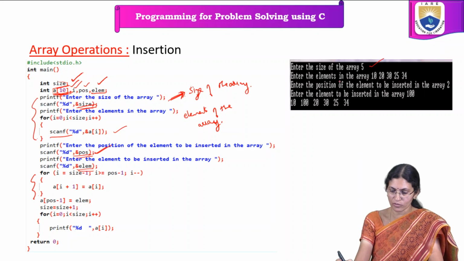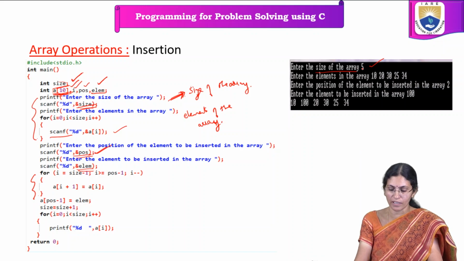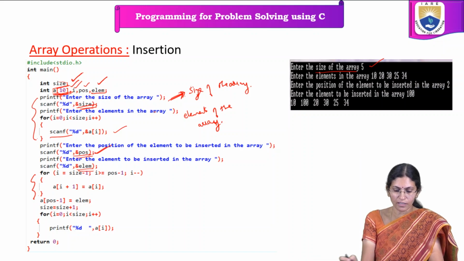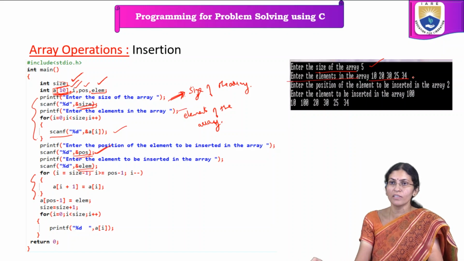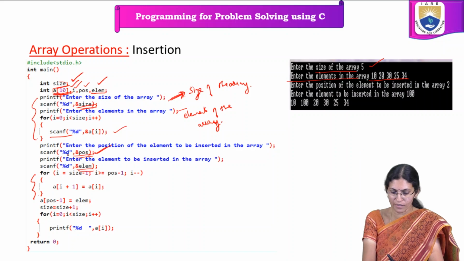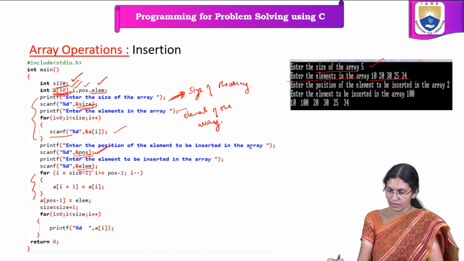Next, printf, enter the elements of the array. Suppose these are the values entered into the array: 10, 20, 30, 25 and 34. In the next line, enter the position of the element to be inserted in the array. The position is 2.